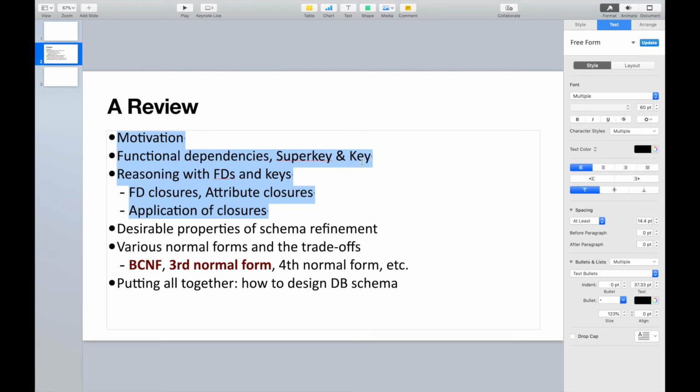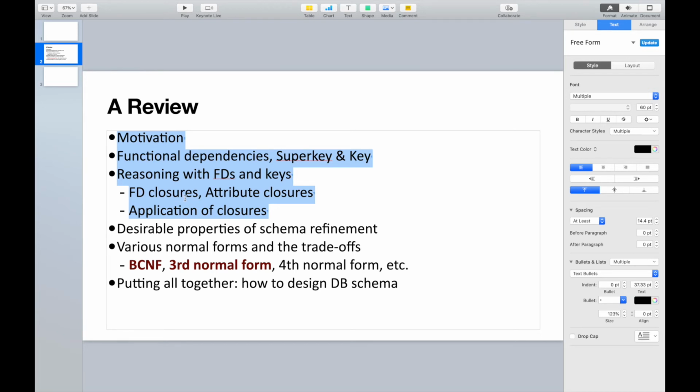We also talked about the reasoning of the functional dependency and the keys. Last week, we talked about the functional dependency closures as well as the attribute closures. For the FD closure, we also discussed Armstrong's axioms, and we derived several more complex rules we can use to compute the functional dependency closures. In the real world, we don't use the FD closure very often.